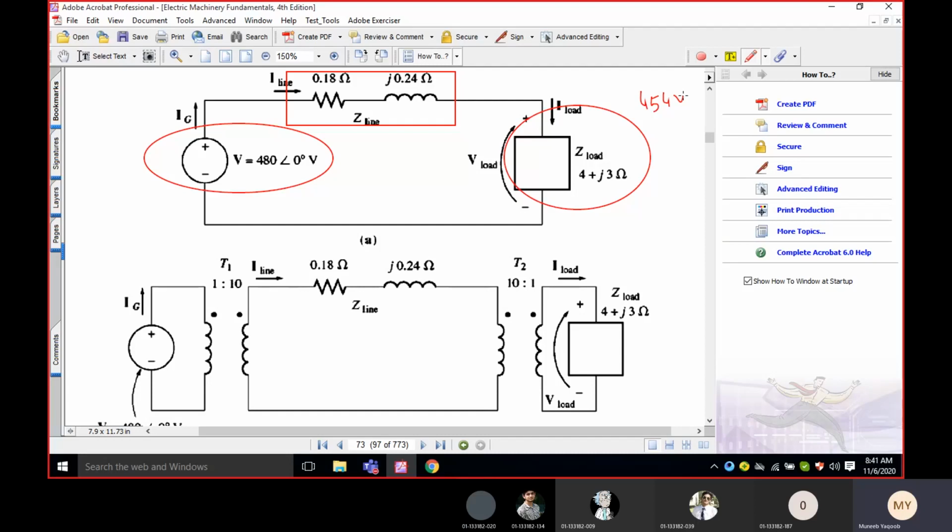Why? Because we have generated a voltage of 480 volts and we transmitted it through a transmission line to some distance. But when we received the voltage at our desired load, it had dropped 26 volts. The generated voltage was 480 volts, but we received only 454 volts at our load.